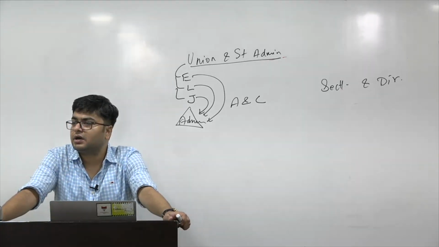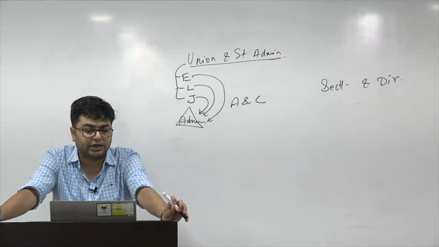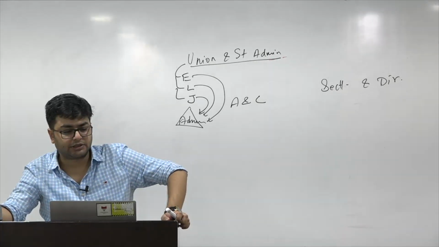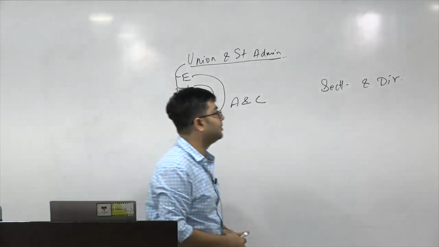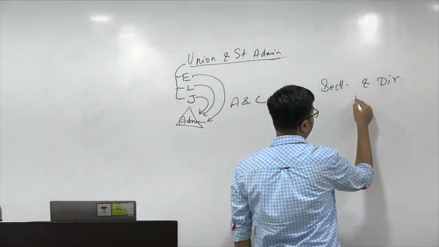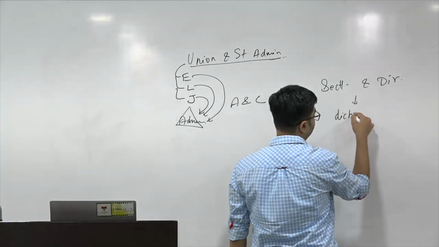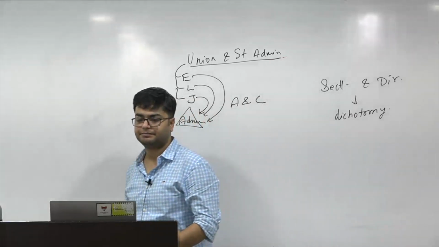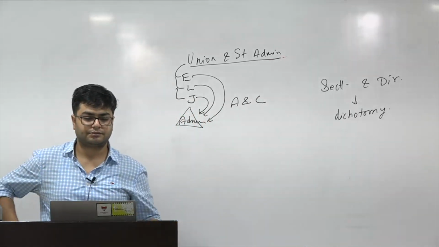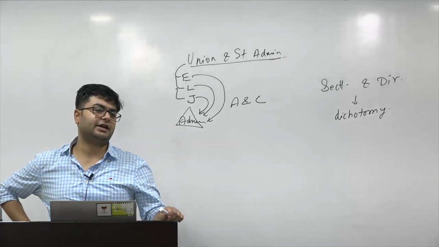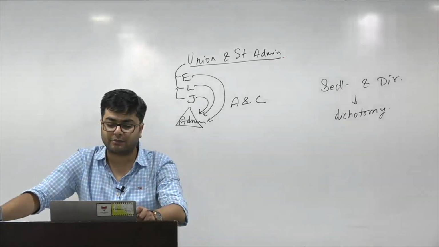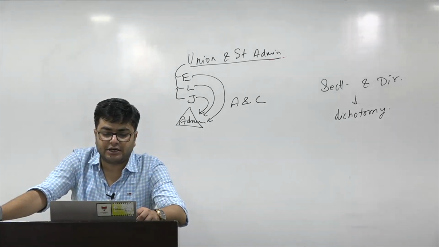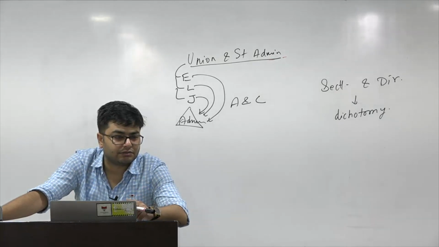This system was carried on because structurally we took this split system into our own polity. Why? Because the idea was based on dichotomy. So the secretariat used to be the expert house of policy matters, whereas the directorate was into execution.